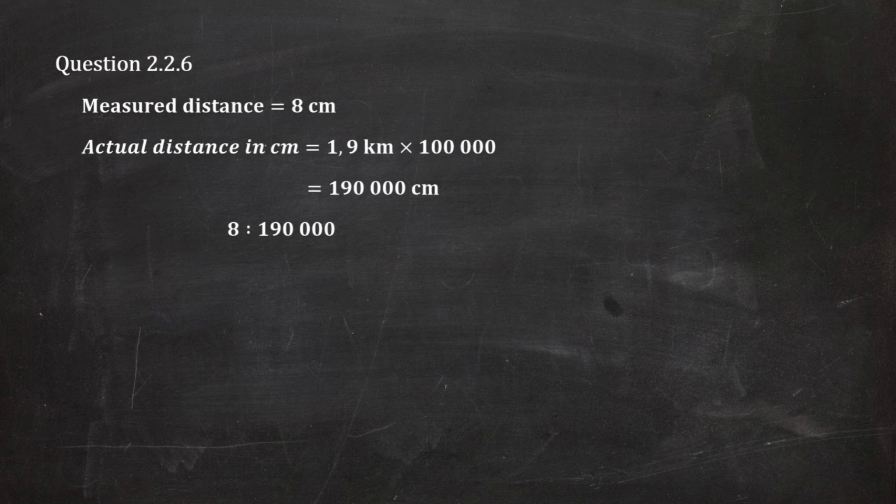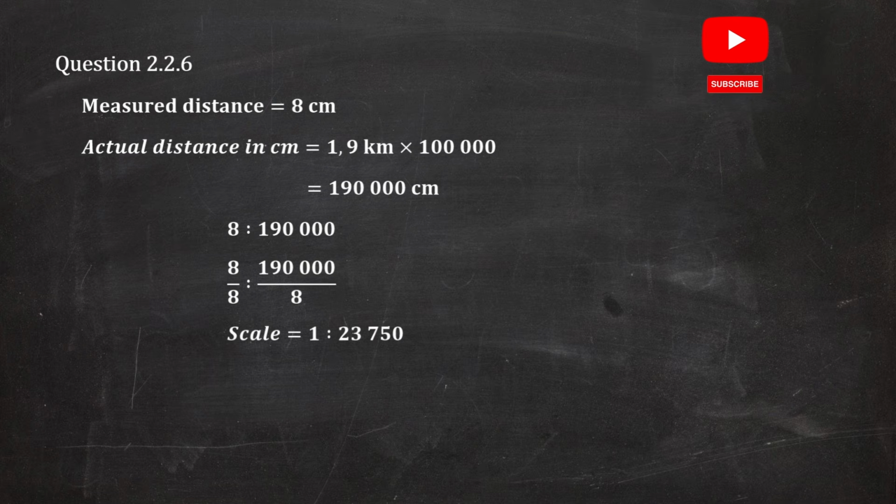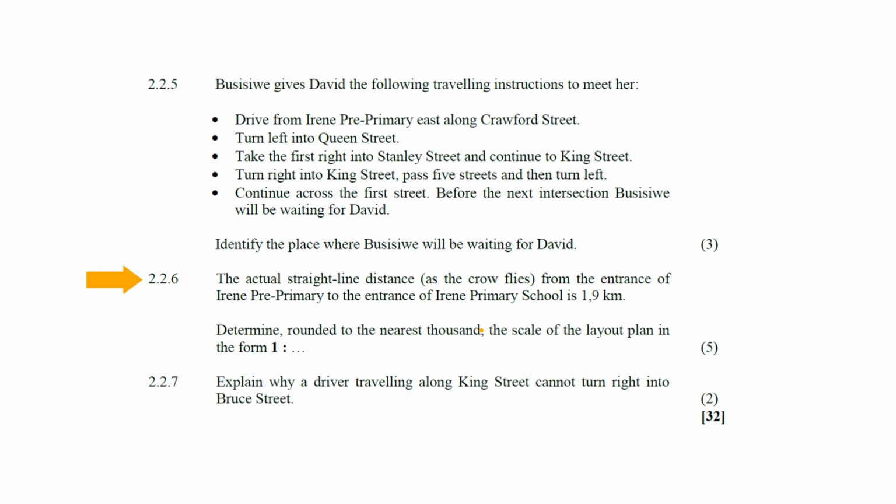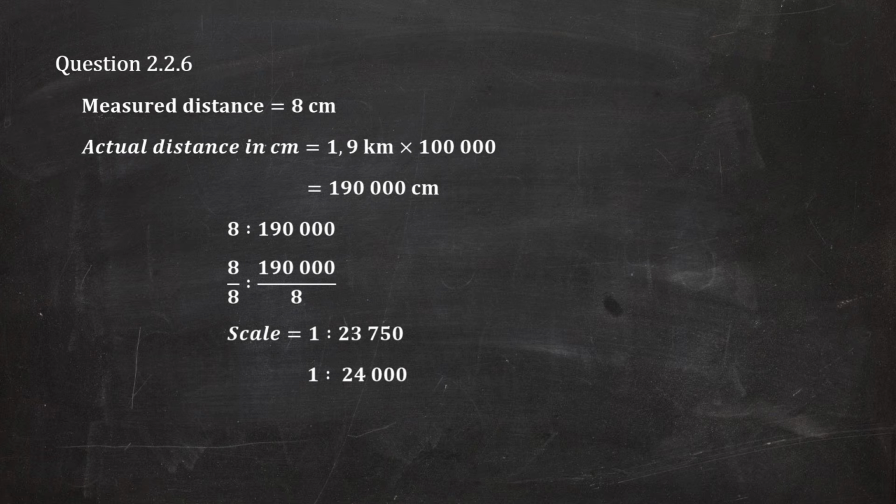Since both units are the same, you can now write the ratio without units. Now when you divide both sides of this ratio by 8, you will get a scale of 1 to 23,750. According to the instructions given in the question, you are required to round this value to the nearest thousand, so the final answer would be 1 to 24,000.